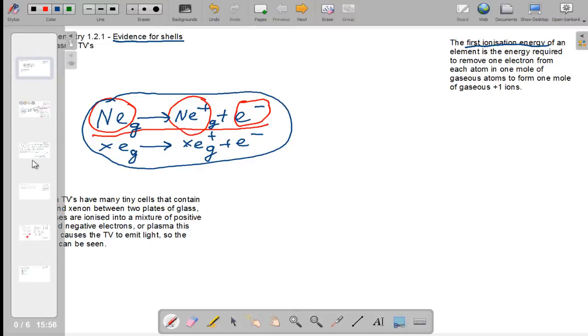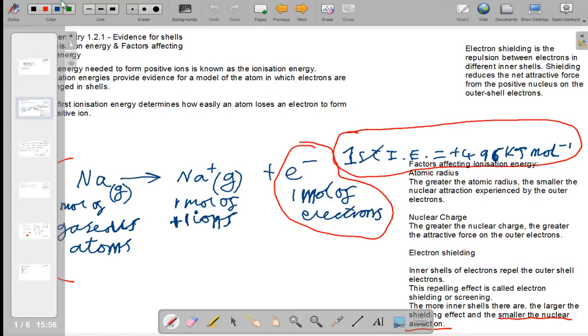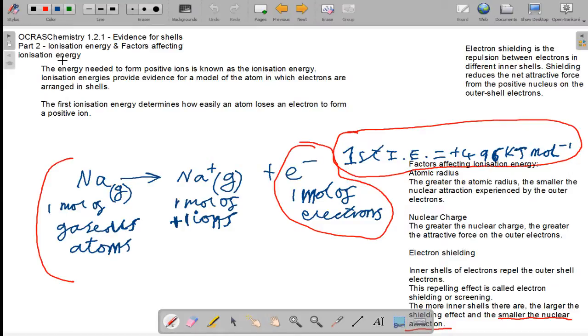So now we move on to part 2. What factors affect ionization energy? Well, the atomic radius, as the greater the atomic radius, the smaller the nuclear attraction experienced by the outer electrons. The nuclear charge: the greater the nuclear charge, the greater the attractive force on the outer electrons.